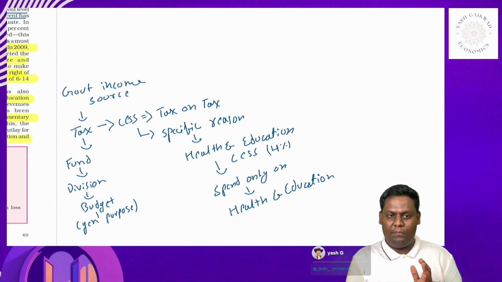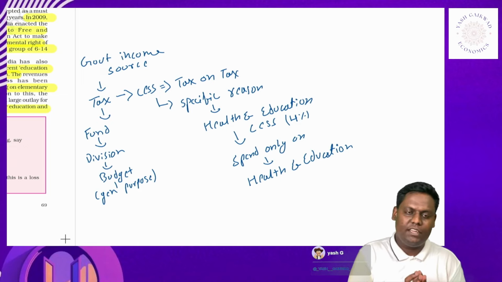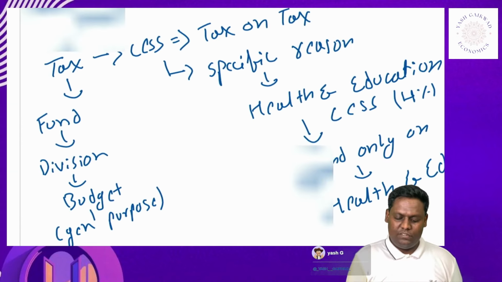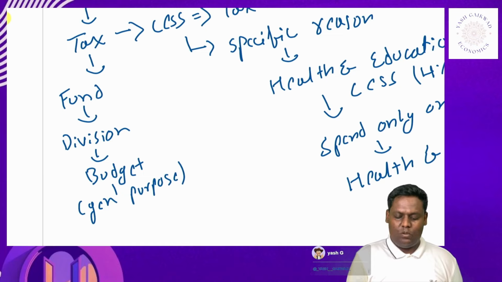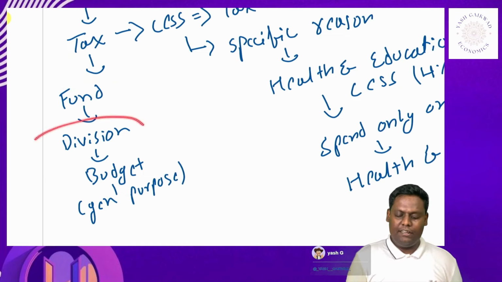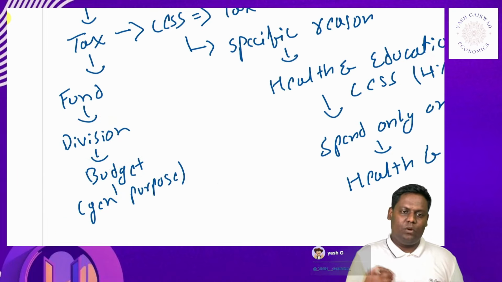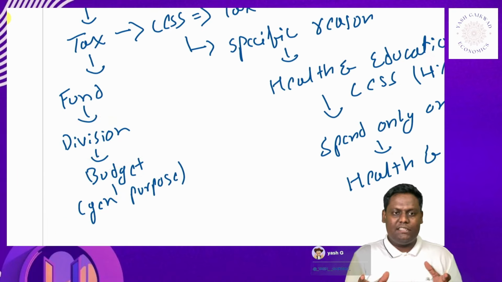So the government earns revenue, or a generic term we can use is income. A source of this income is taxes. Now, these taxes are nothing but the funds that the government collects and reallocates in its budget to be spent on various purposes. So, tax is a fund that is general purpose.